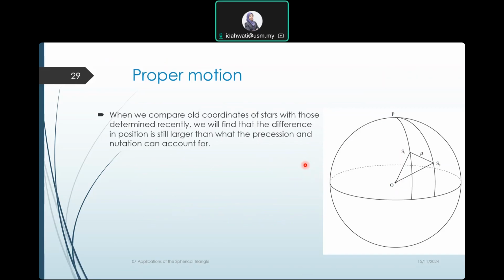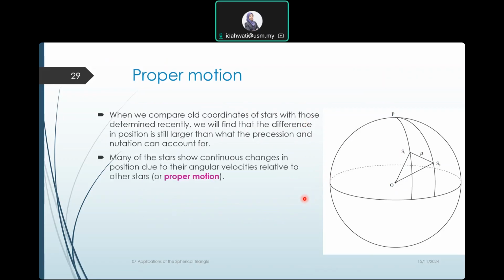Okay, so proper motion is actually when we have many stars that show continuous changes in position due to their angular velocity relative to the other stars, and this condition we call the proper motion.